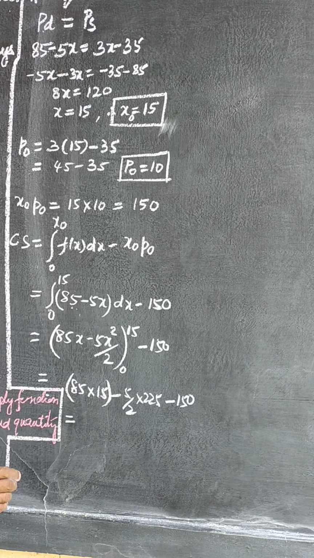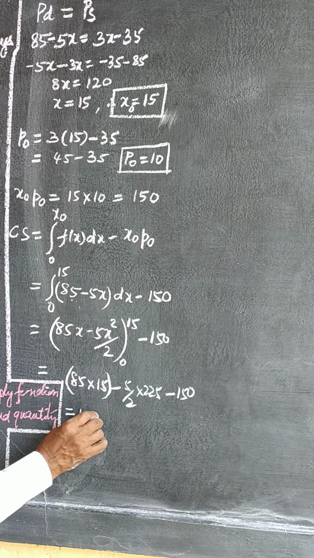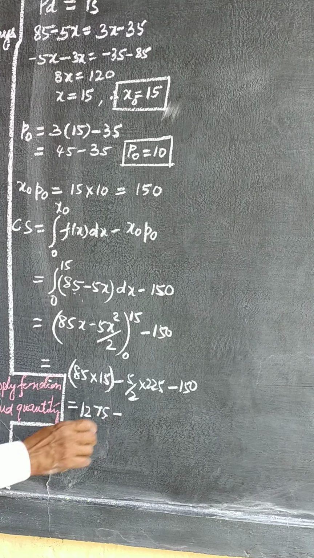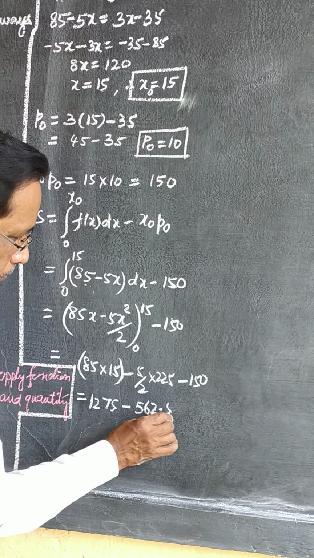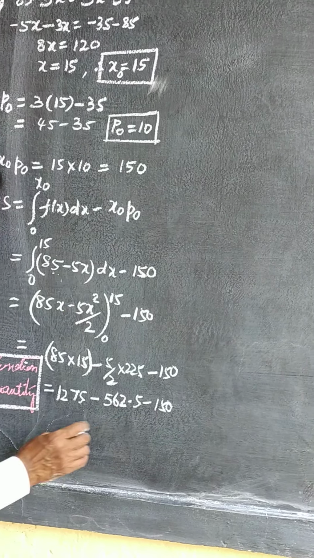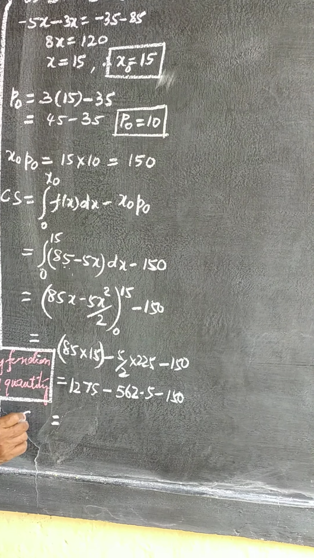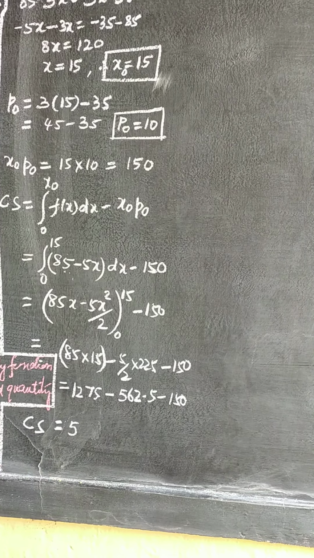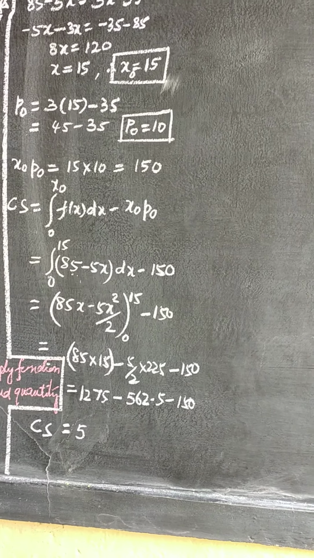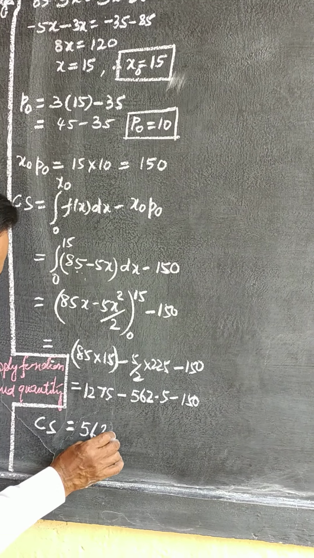Now this is equal to 1275 minus 562.5 minus 150. The answer for this is equal to 562.5.